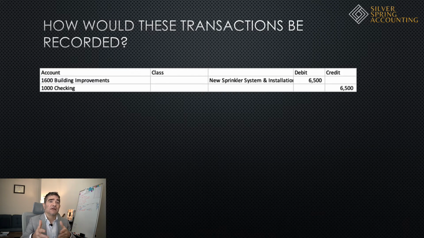Now, one thing I didn't do is include a class here. That's because once you release the funds, once you spend the funds that are for a specific purpose, they're released. And that means that it's now part of net assets without donor restrictions.